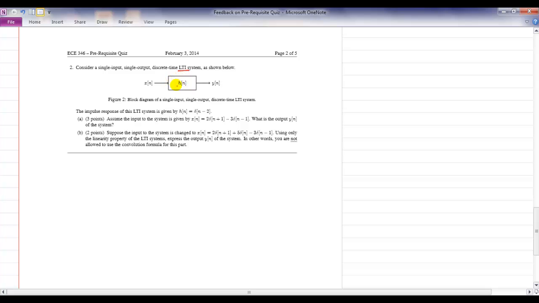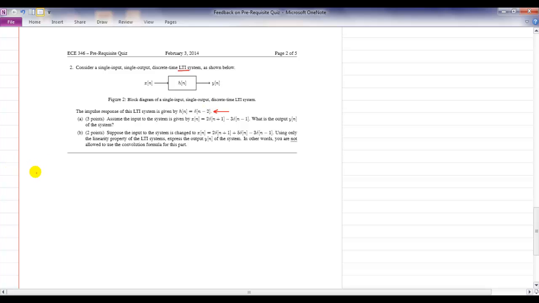So oftentimes, instead of writing the LTI system, we just write the impulse response in its place. We are given the impulse response, which is delta of n minus 2. Effectively, what this system is doing is taking the input and delaying it by 2 samples.